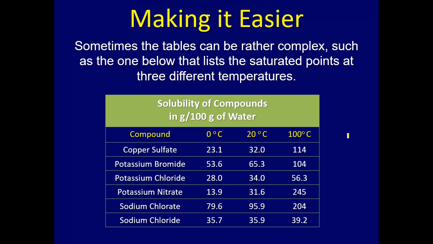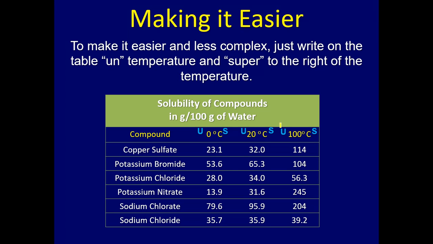Okay, so there's a way to make this very easy, and that's if on your table, you write a little U for unsaturated to the left and an S for supersaturated to the right of each temperature. And that just lets you, just as a reminder, makes it easier.